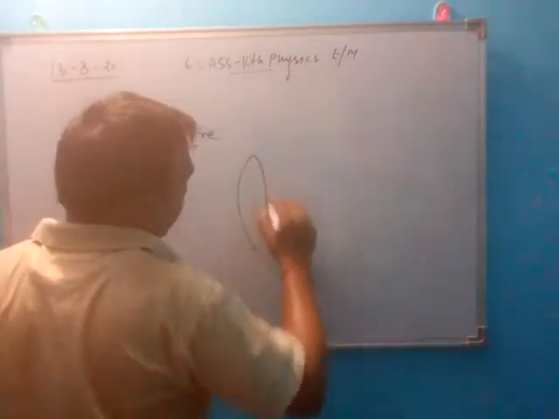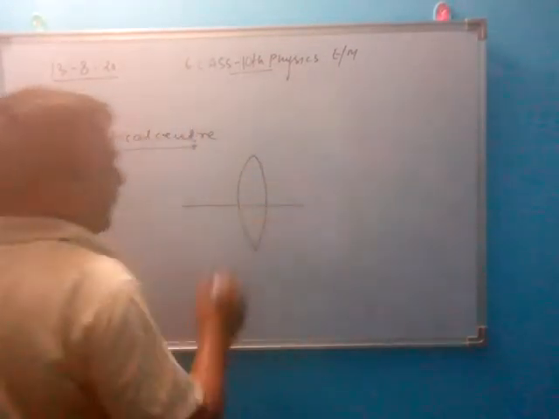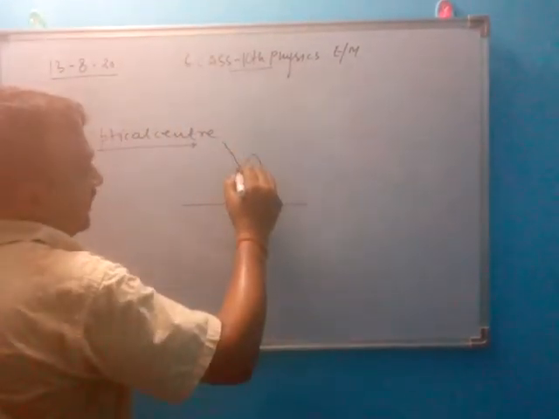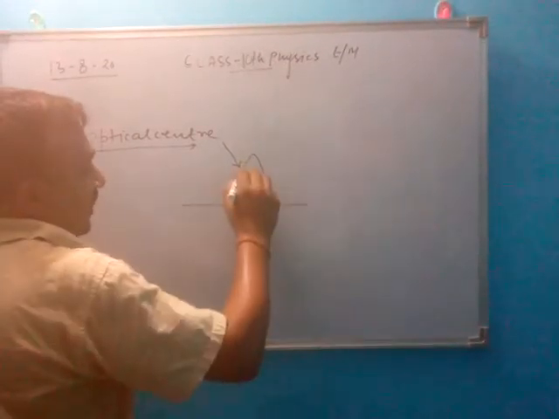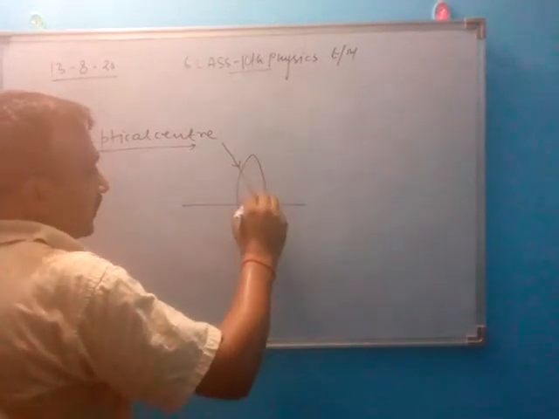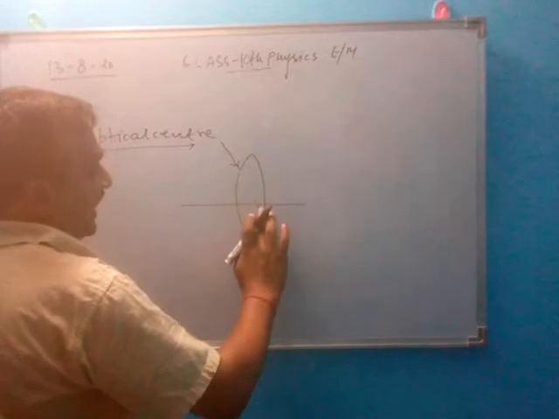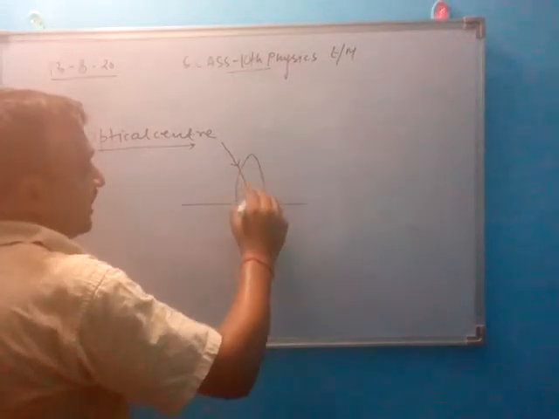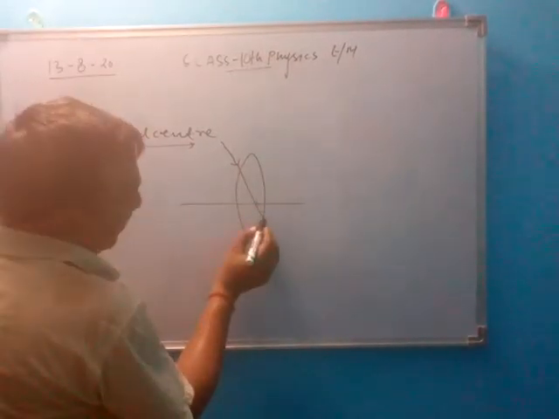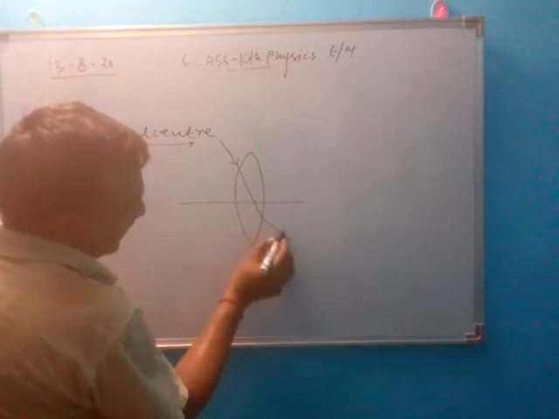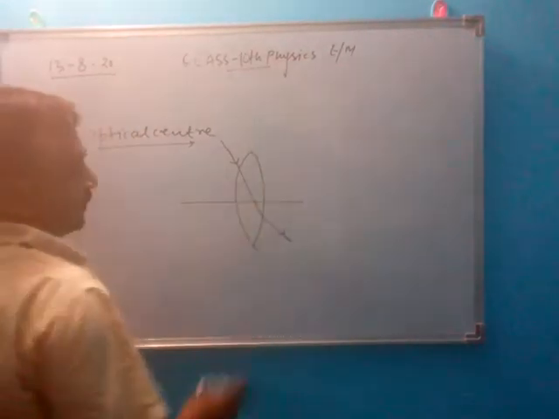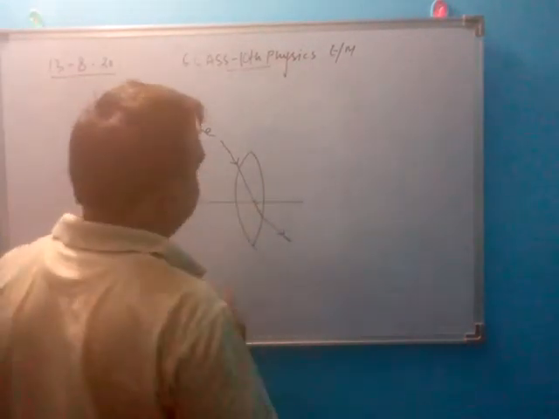This is the definition. If any light ray is incident upon the lens, then it gets refracted, and after refraction emerges from the concave lens or convex lens.